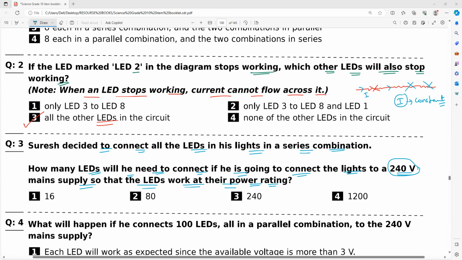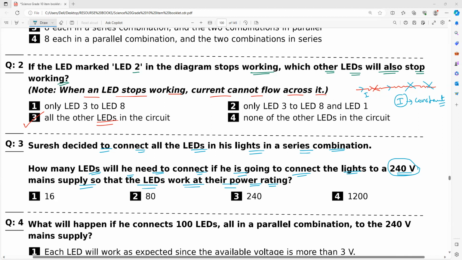We got the number of bulbs connected in parallel connection, chapter number 11, Electricity. If you have your NCERT book, that is the sum which will help us to study this.